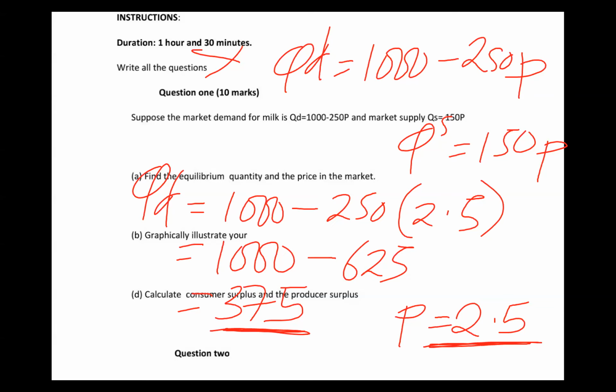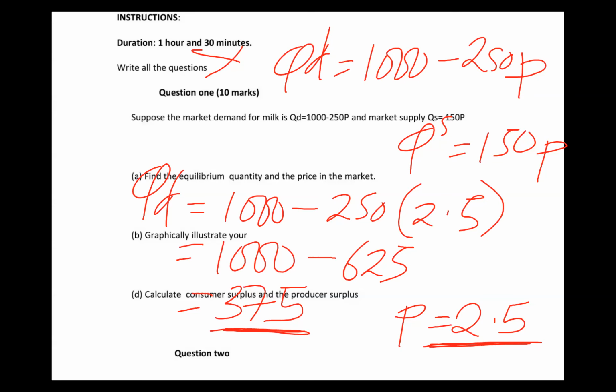The question asks you to find the equilibrium quantity and the equilibrium price in the market. The equilibrium price we have already found, 2.5, and now the equilibrium quantity is 375. Is that clear? Yes, sir.